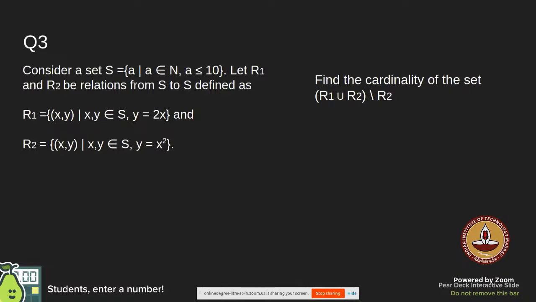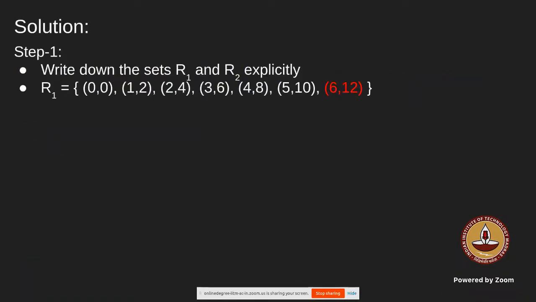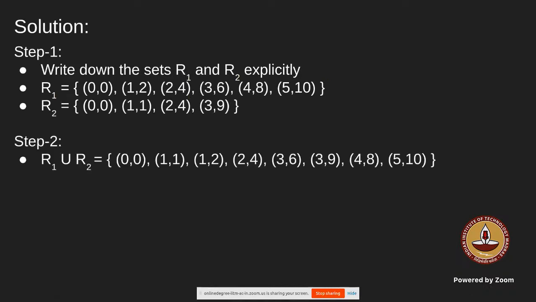So this is the question. This is R1. This is R2. Can you please explain the set builder form of R1? R1 means y equal to 2x. So the second element should be 2 into the first element, a multiple of 2.